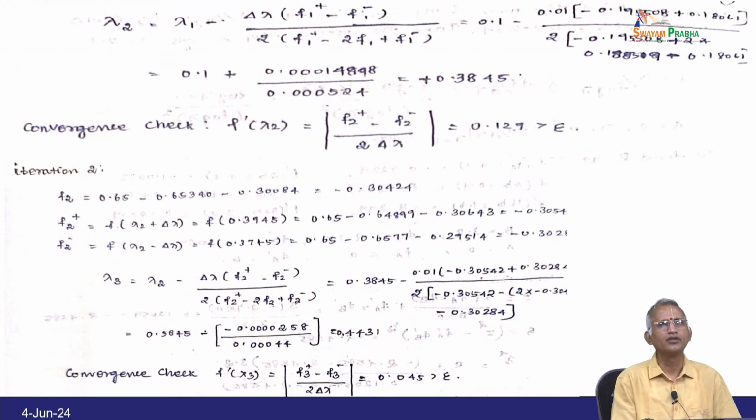Therefore, lambda 2 equal to lambda 1 minus delta lambda into f1 plus minus f1 minus divided by 2 into f1 plus minus 2 f1 plus f1 minus.